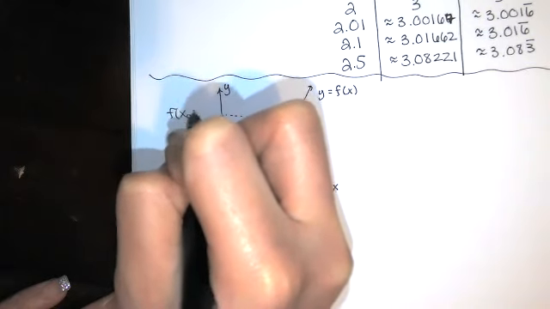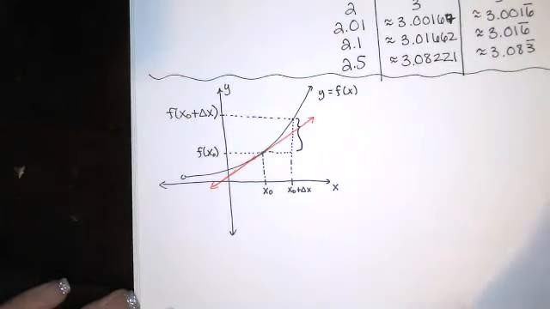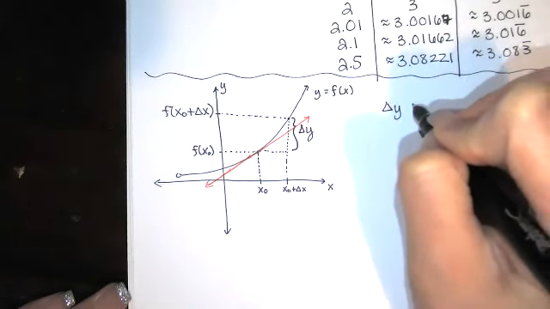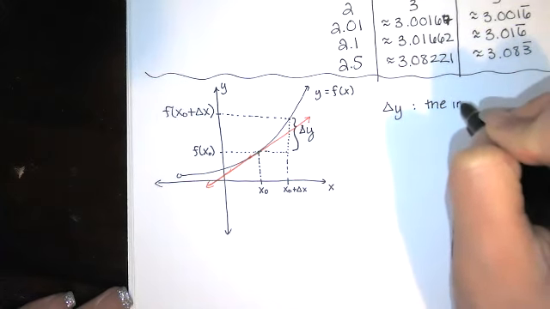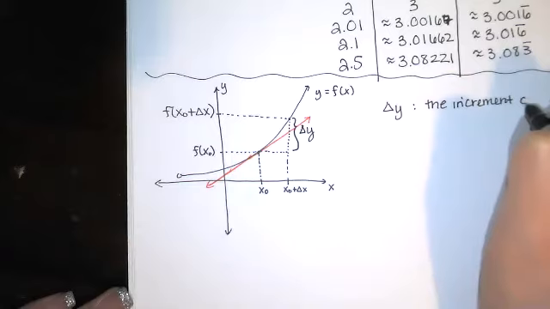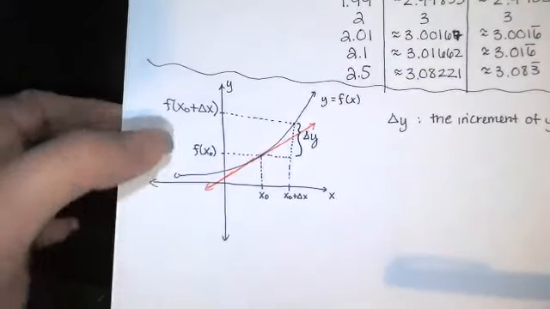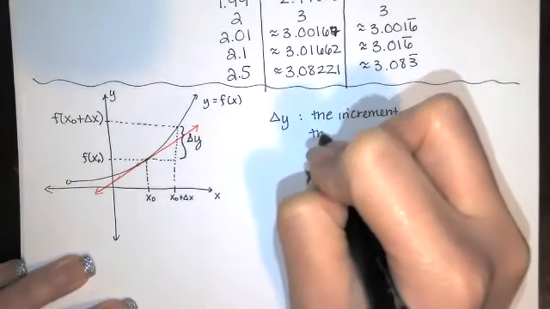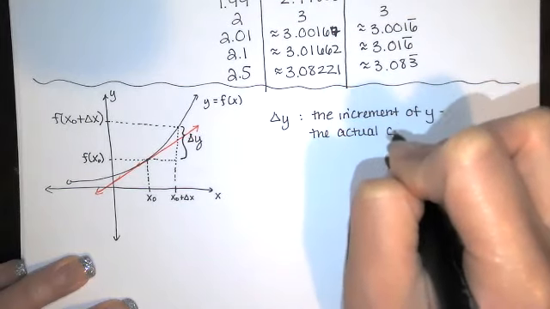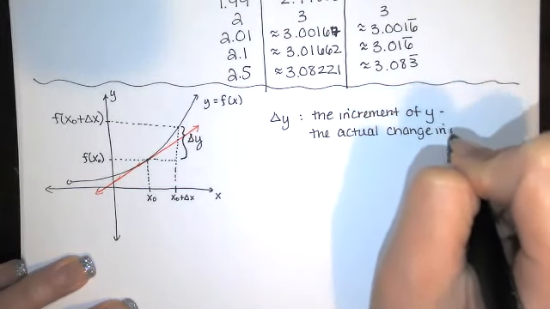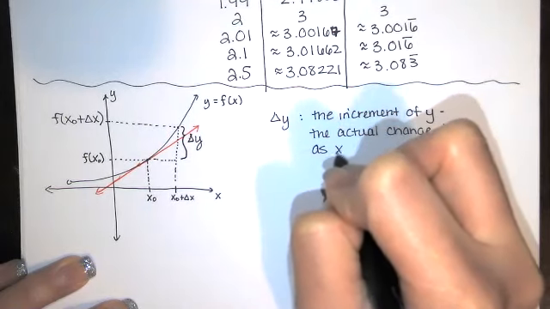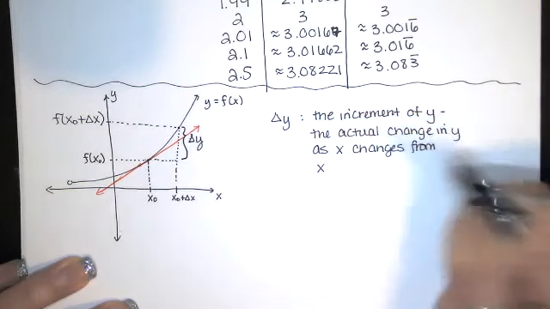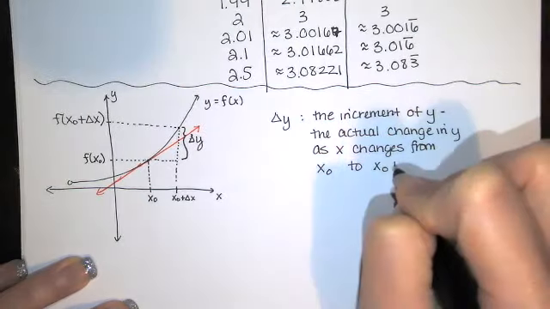So that's f of x naught plus delta x here. That distance we're going to call the increment of y. That's delta y. This is the actual change in y as x changes from x naught to x naught plus delta x.